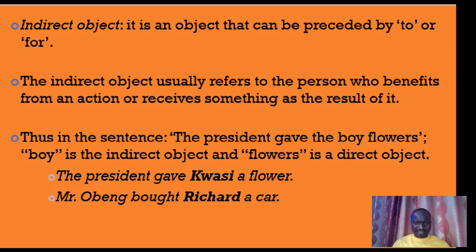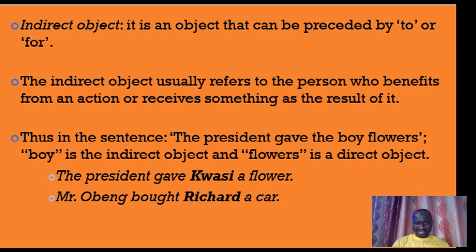Thus, in the sentence "The president gave the boy flour," boy is the indirect object and flour is the direct object. So the person who received the benefit is the indirect object.